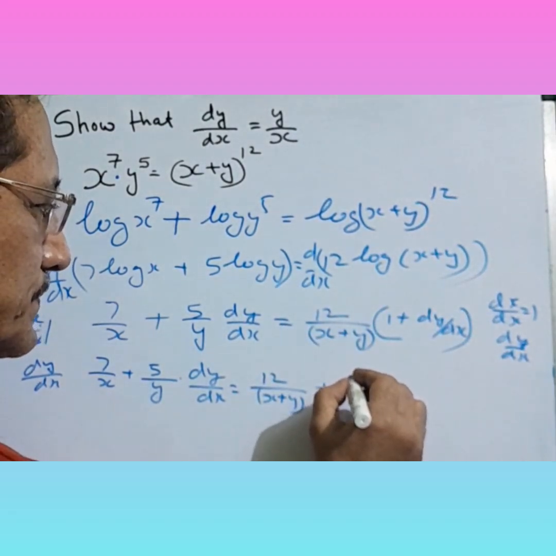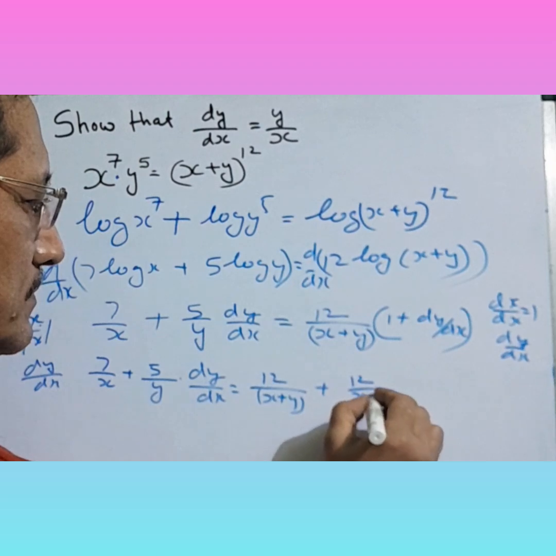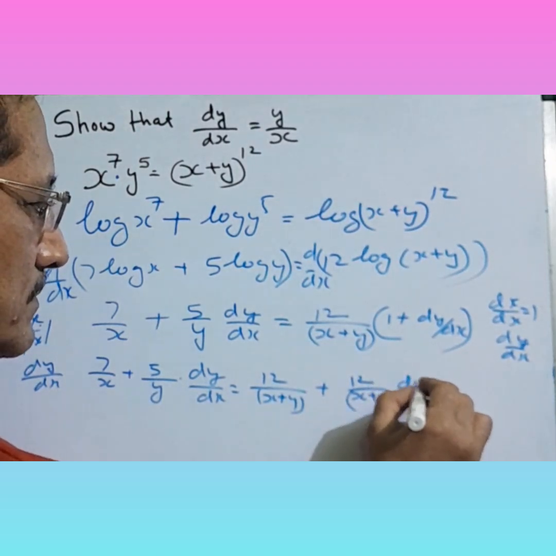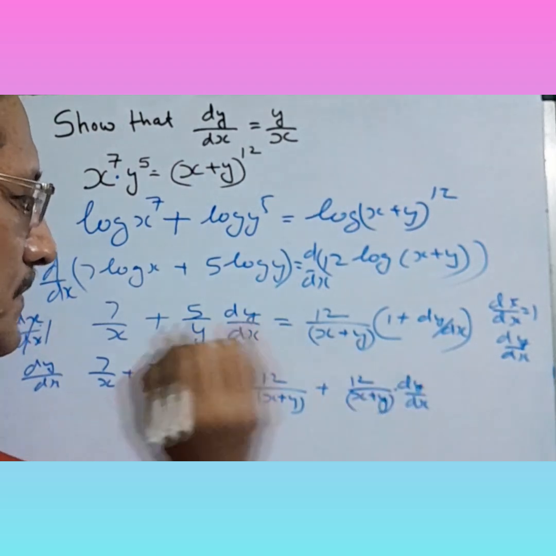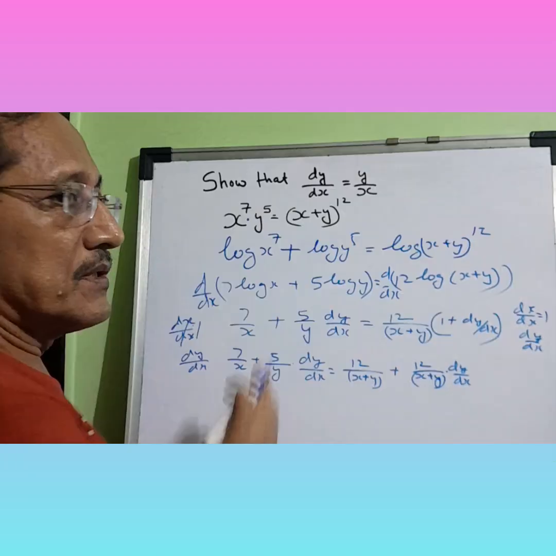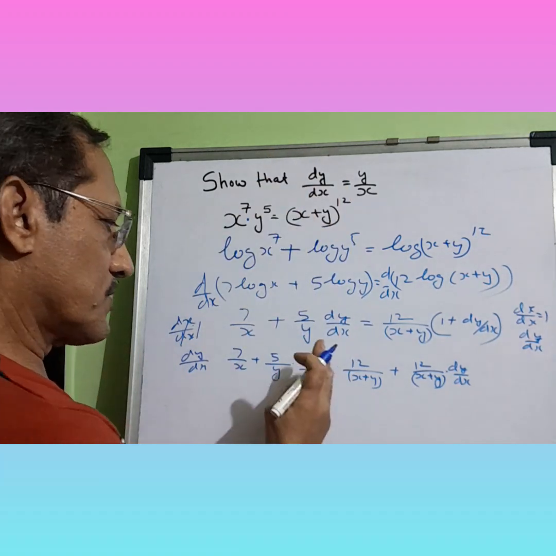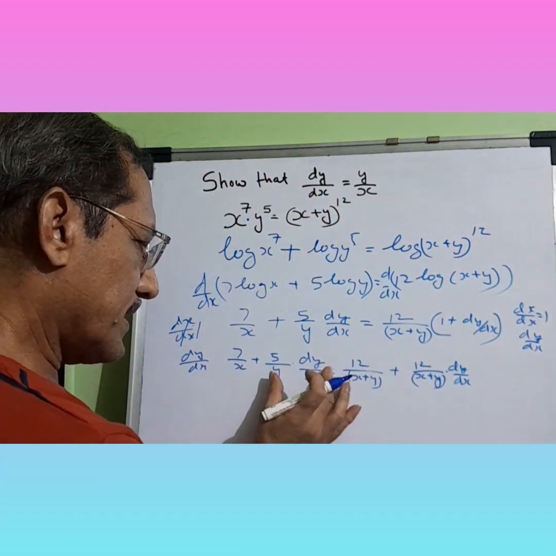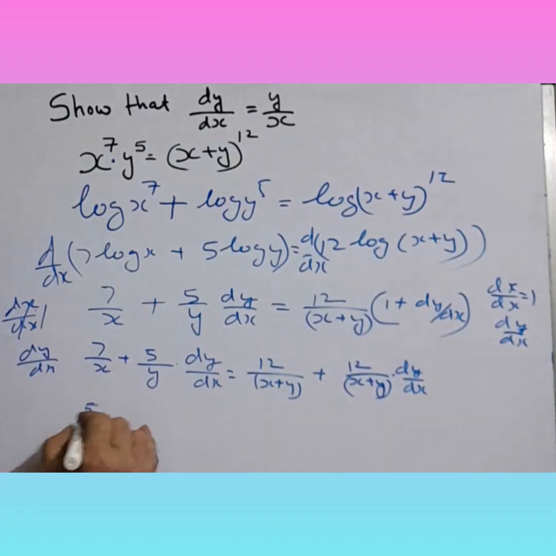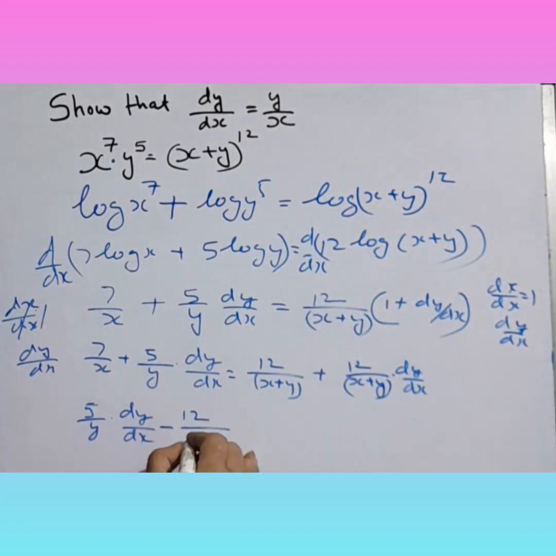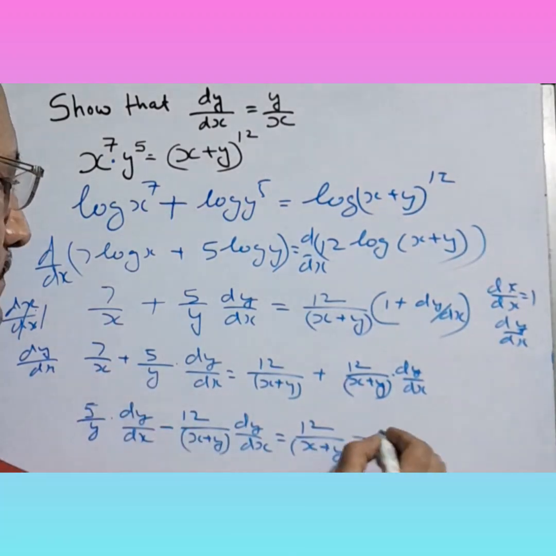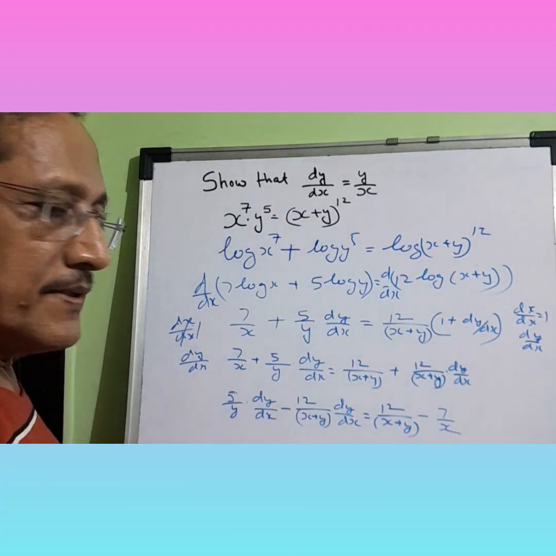So no confusion about this. Let's proceed ahead. We need dy by dx on this side, so this also I'll take this side, and this I'll take that side. So we got this step.